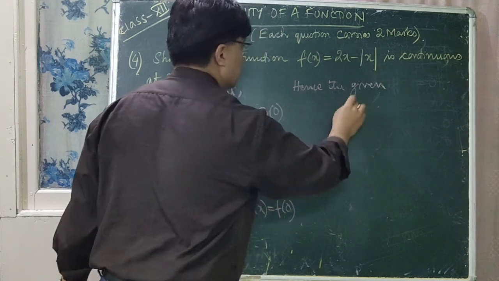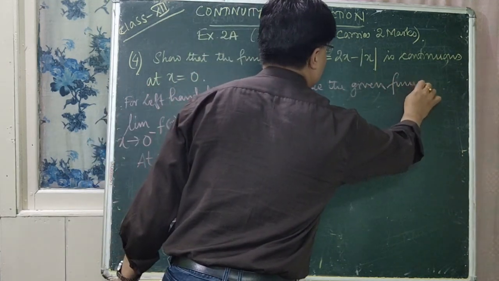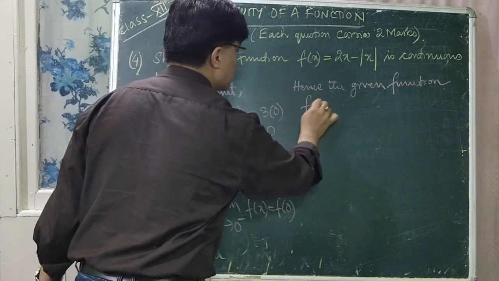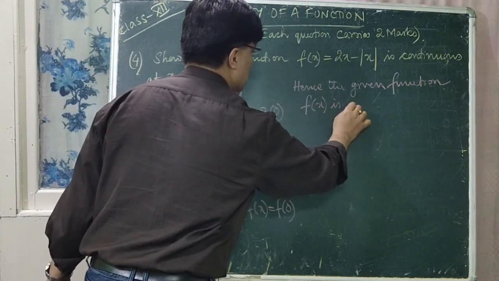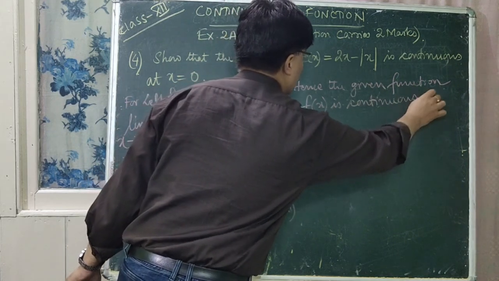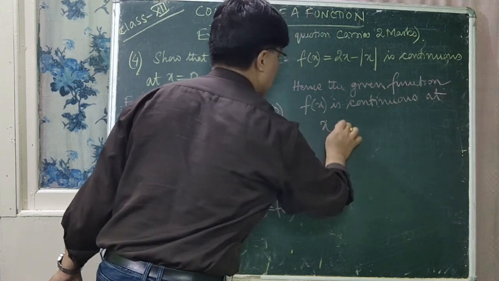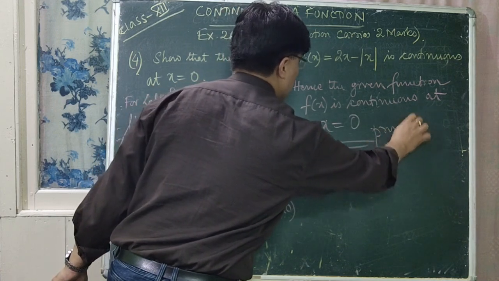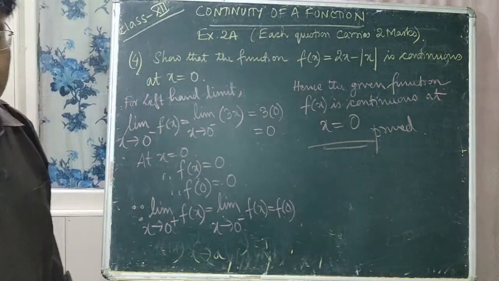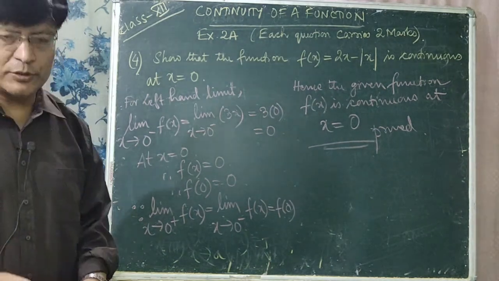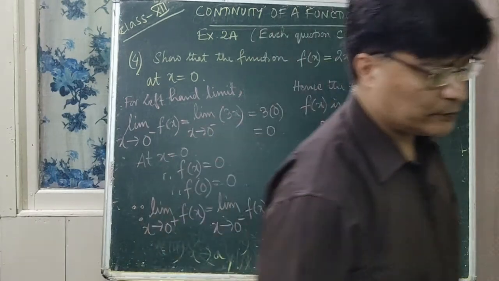Hence the given function f of x is continuous at x equal to 0. Proved. So I think you have understood it. So you can copy it. We'll do the next question now.